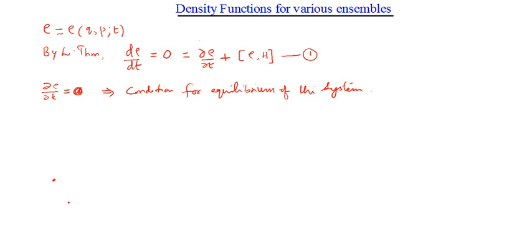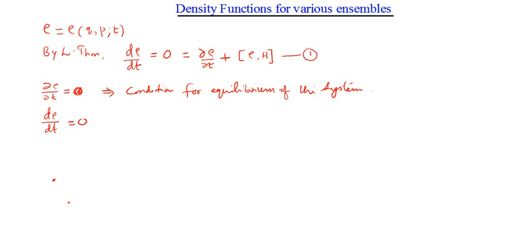But remember that Liouville theorem demands that whether the system is in a state of equilibrium or not in a state of equilibrium, the total time derivative d rho by dt must be equal to 0. So when Liouville theorem is derived, we do not place the condition that the system is in equilibrium.